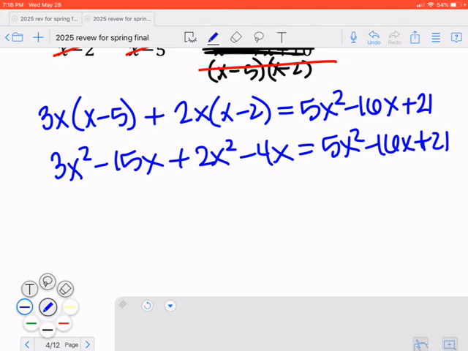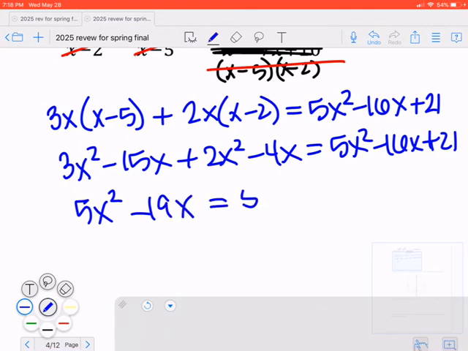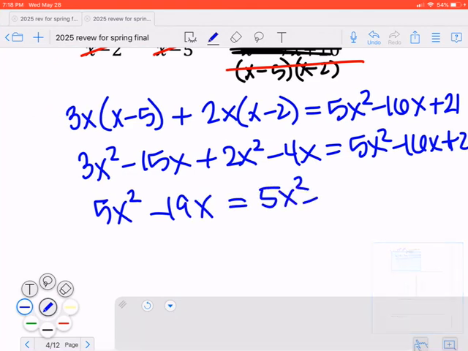And now we're going to combine like terms on the left hand side. 5x squared, and 15 minus 4, that's negative 19x, equals 5x squared minus 16x plus 21.